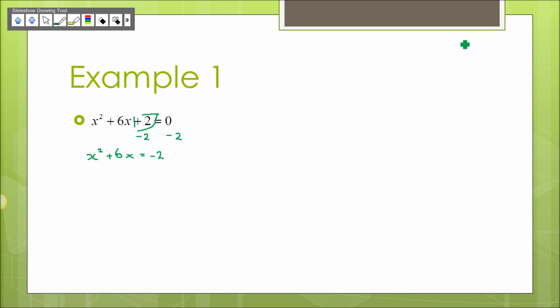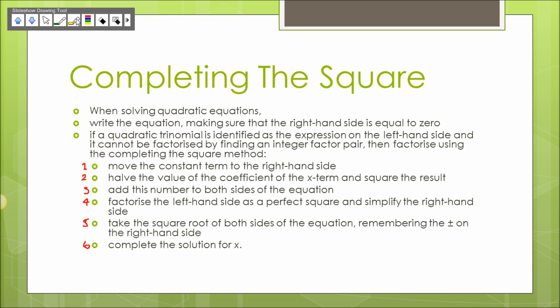The x term is 6, and we had to halve the result, so divide by 2, and then square the result. So 6 divided by 2 is 3, and then 3 squared is 9. So what were we going to do with that number?